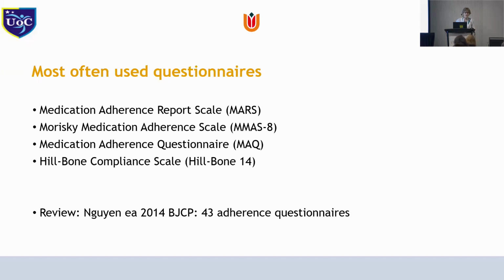Then the MAC questionnaire is quite similar to MARS, also 5 questions. The Hill-Bone questionnaire is also often used, but that is specifically for measuring medication adherence in cardiovascular diseases, and also asks after determinants such as lifestyle, and that's interesting and important because we know that often a less favorable lifestyle is associated with less adherence.